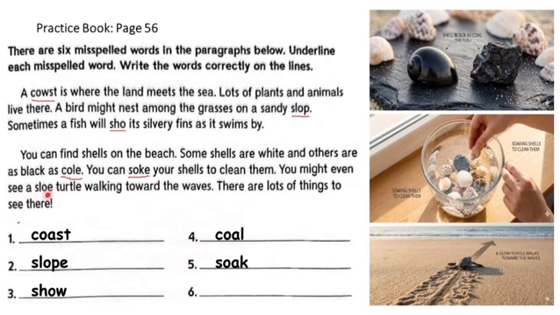Slow. Excellent. Slow. Does it end with E? No. So, slow should be written as what? Slow. Here we don't have E at the end. Should be O, W, right? Slow.